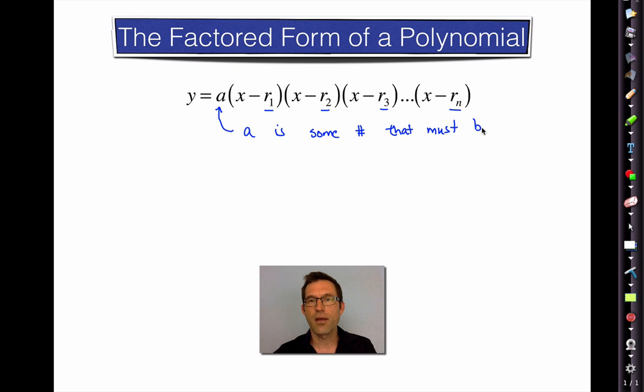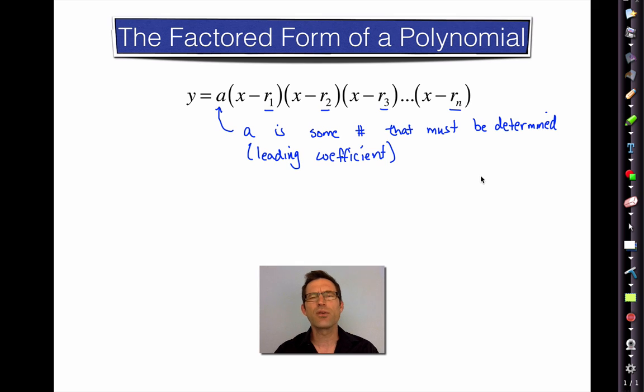In fact, it's the leading coefficient of the polynomial, the coefficient on the highest powered term. You could also say it's some kind of numerical GCF that gets factored out.